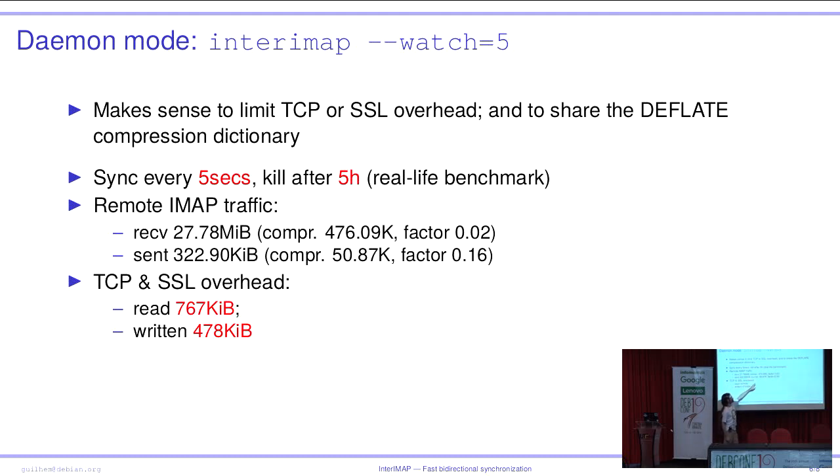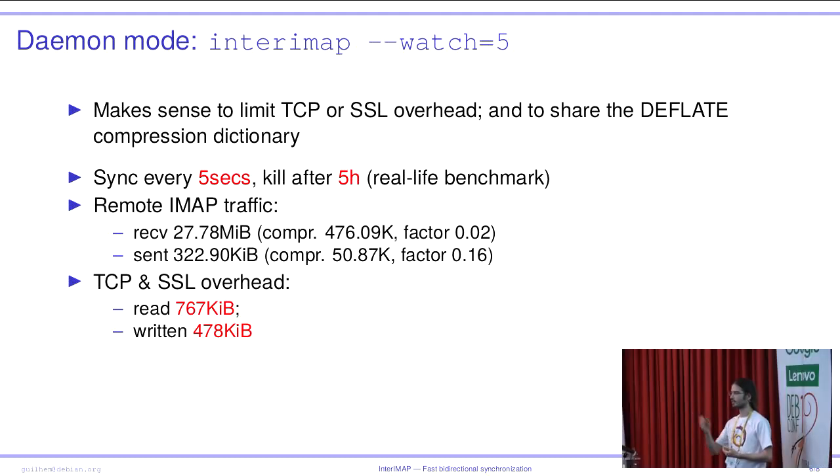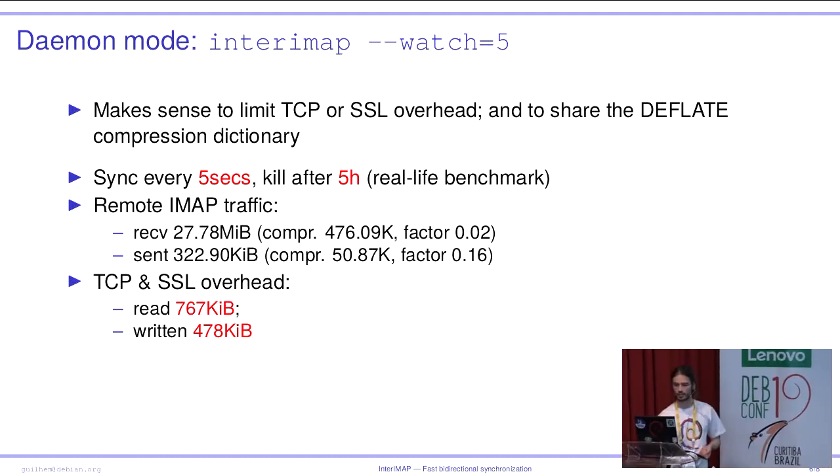And the reason why it compresses very well is that all these accesses are the same. It's like every 5 seconds, do you have any change? And it's most of the time the same response, so it compresses very well. So overall, in 5 hours, I had less than 1 meg of network traffic, which is quite great if you are on a slow connection in a train or something.